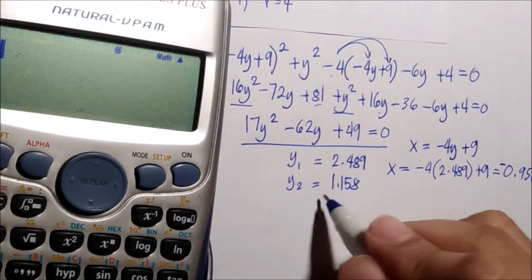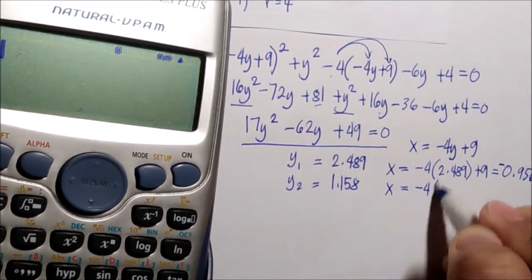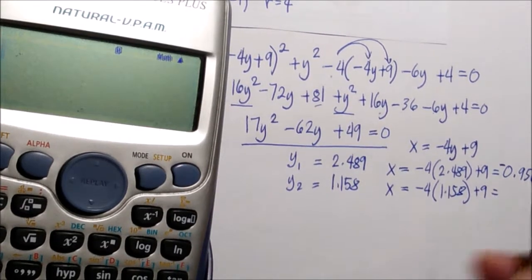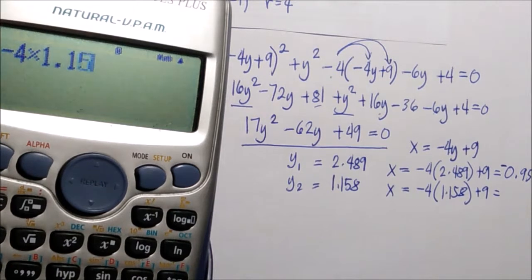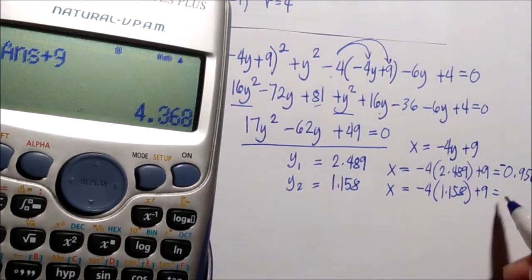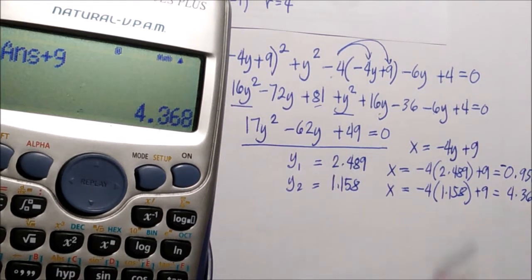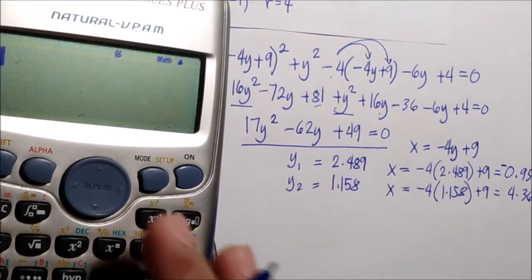Now if y is 1.158, your x is negative 4 times 1.158 plus 9. So minus 4 times 1.158 plus 9, we have 4.368.